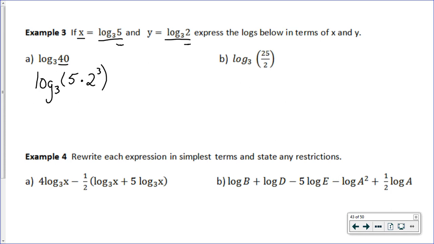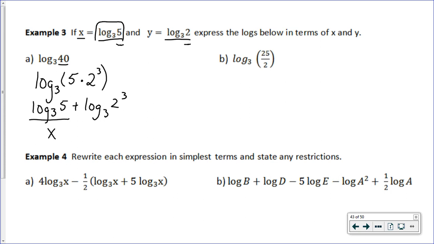And now I'm going to apply my law of logarithms to separate this into log base 3 of 5 plus log base 3 of 2 cubed. And this, you can see, is the same as that. So the first part is really just x.